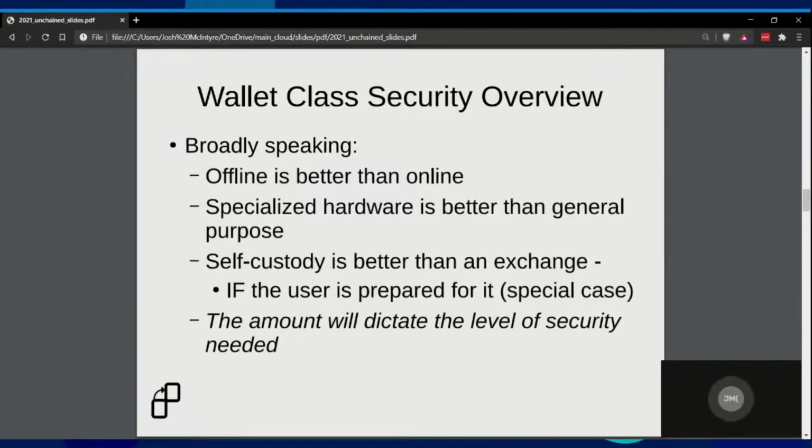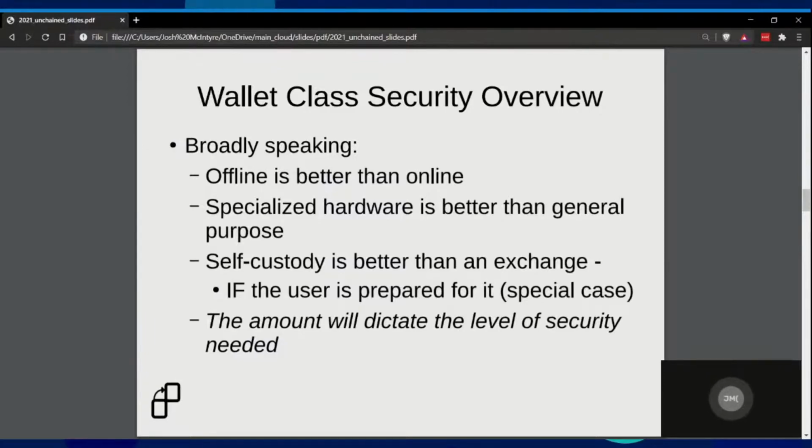The user needs to be prepared for this, right? Most of us are used to custodial money. A lot of us probably have bank accounts. Maybe you don't. Maybe you live in more of a cash-based society. Some folks in the world don't have access to traditional banking. But in general, we're used to credit cards, debit cards, bank accounts, and custody.